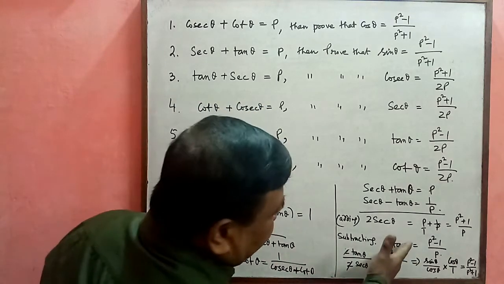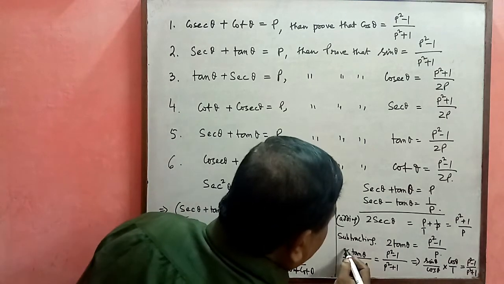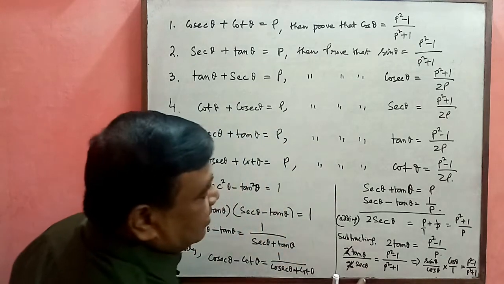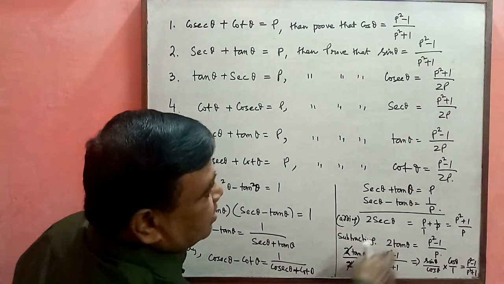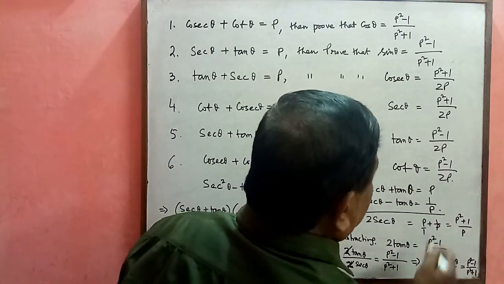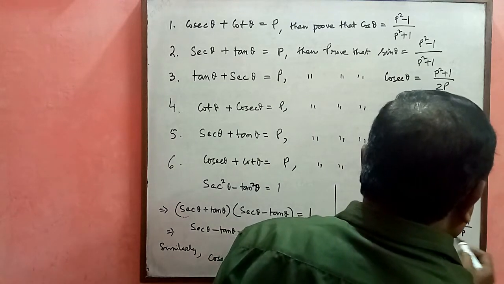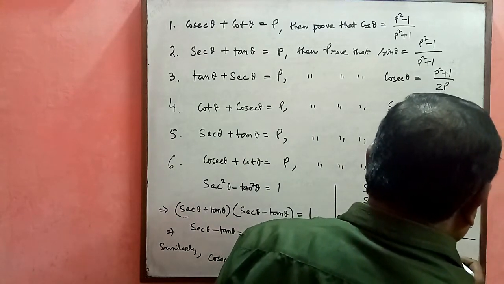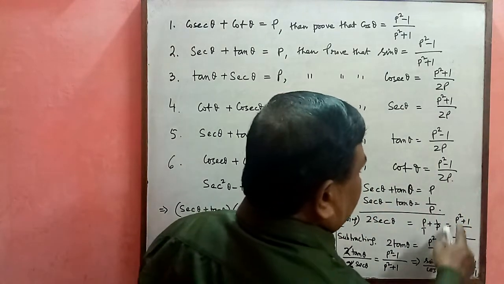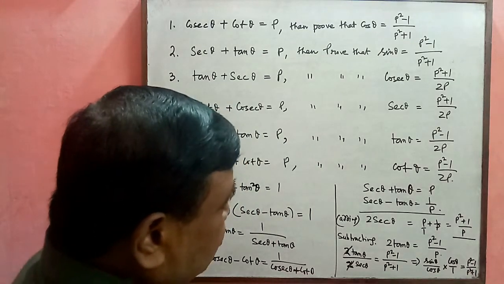Now if I divide 2 tan theta upon 2 sec theta, 2 cancels, tan theta upon sec theta is equal to p square minus 1 upon p square plus 1, because if I divide this way, p gets cancelled and this is coming p square minus 1 upon p square plus 1. We have reached this point.